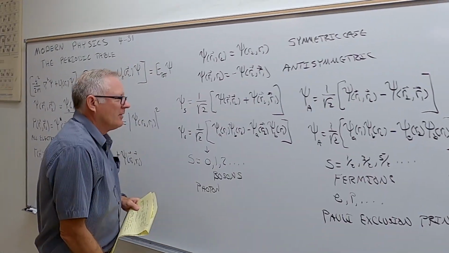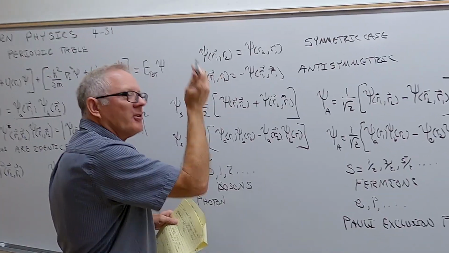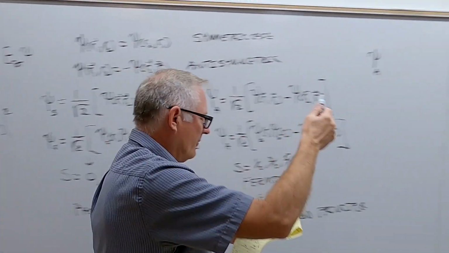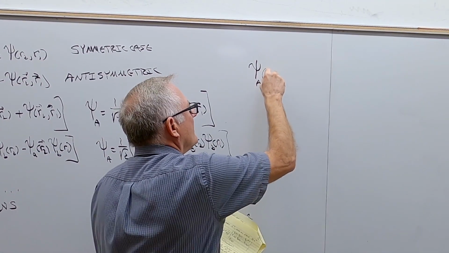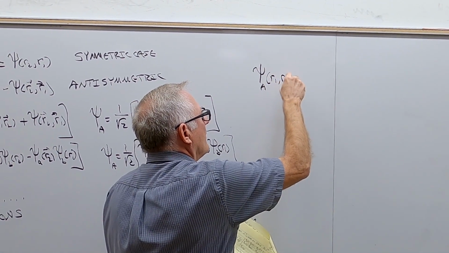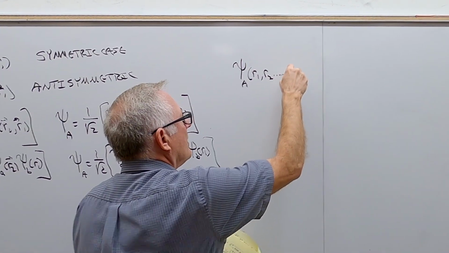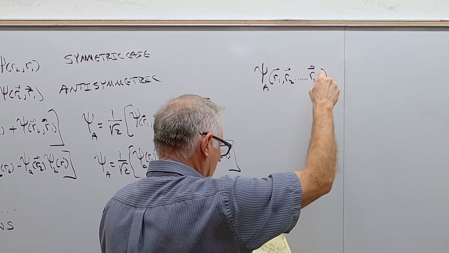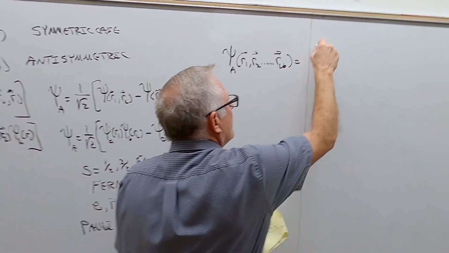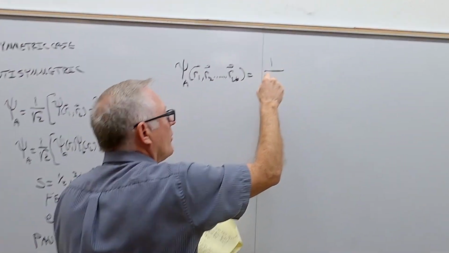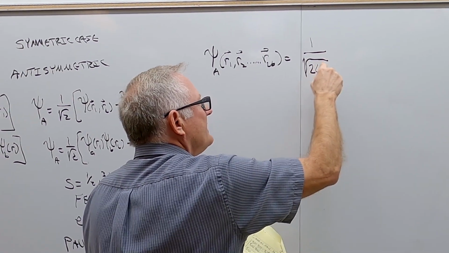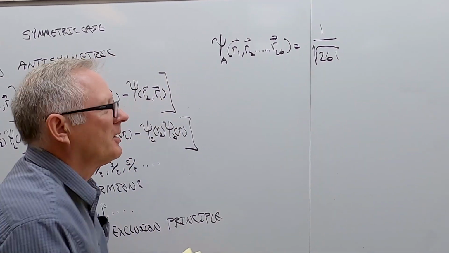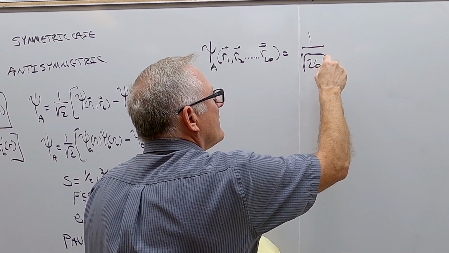So that means it would depend on R1, R2, R3, R4, R5, all the way out to R26. And what you would do is take 1 over the square root of 26 factorial. That's a pretty big number, 26 factorial.